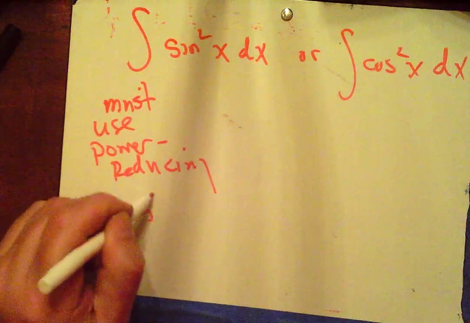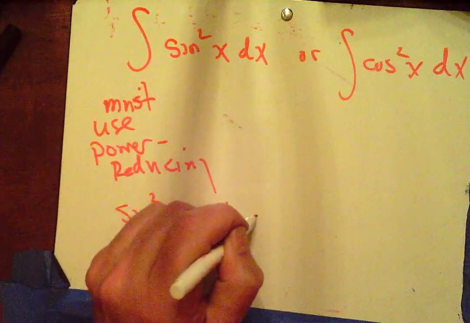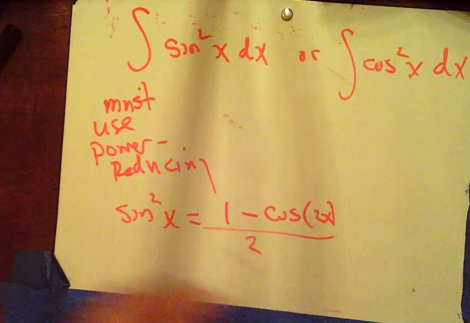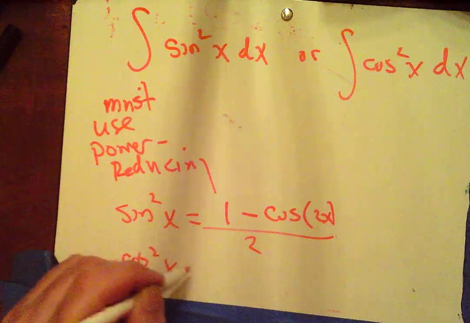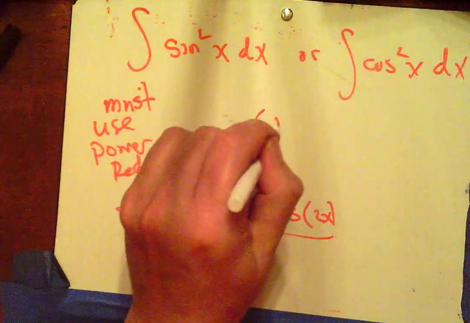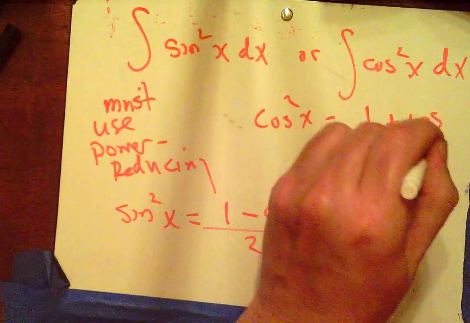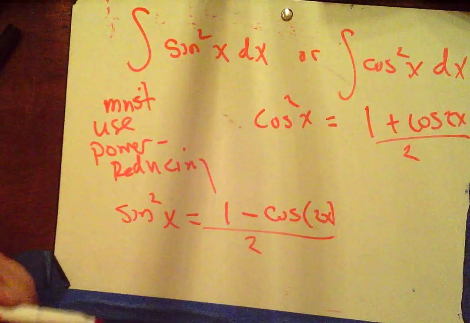So remember that sine squared is 1 minus cosine 2x over 2, and cosine squared is 1 plus cosine 2x over 2.